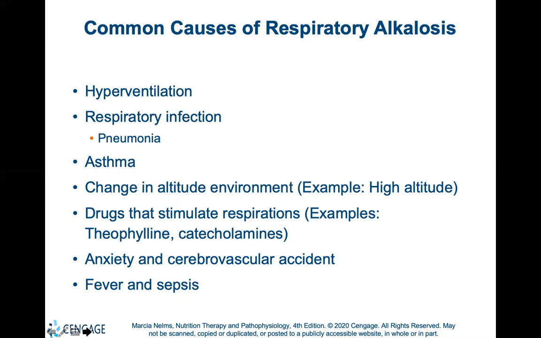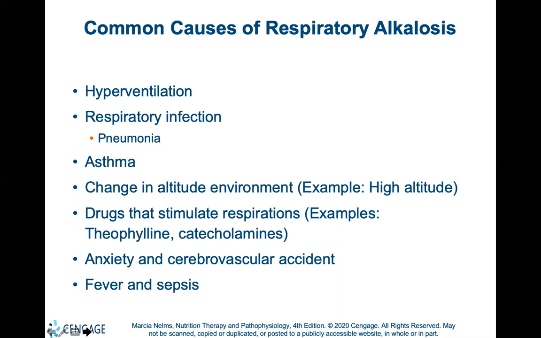For example, disorders of the central nervous system, such as a stroke, can affect respiratory centers and result in hyperventilation. Hypermetabolic states, such as seen in fever or sepsis, can directly stimulate hyperventilation. Hyperventilation can also occur as an adaptive response to high oxygen demands during strenuous physical activity.